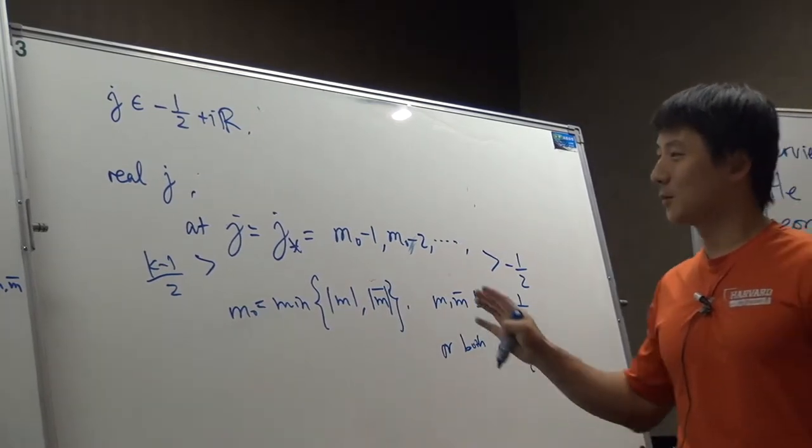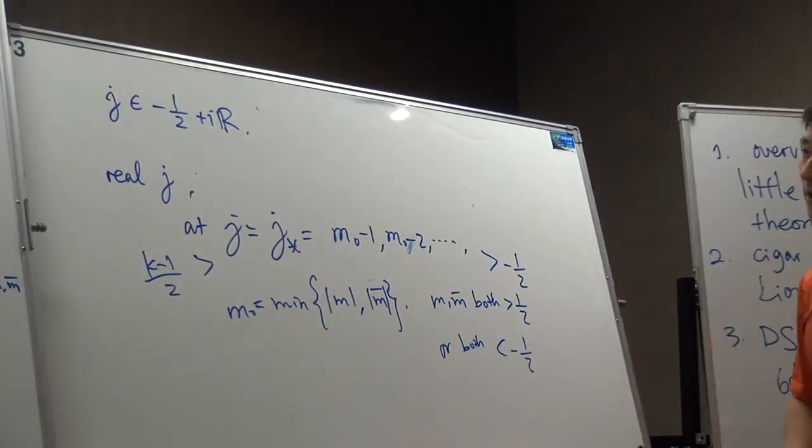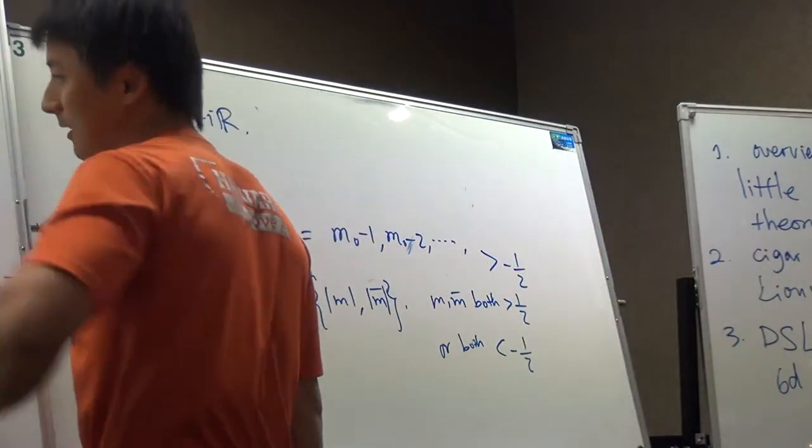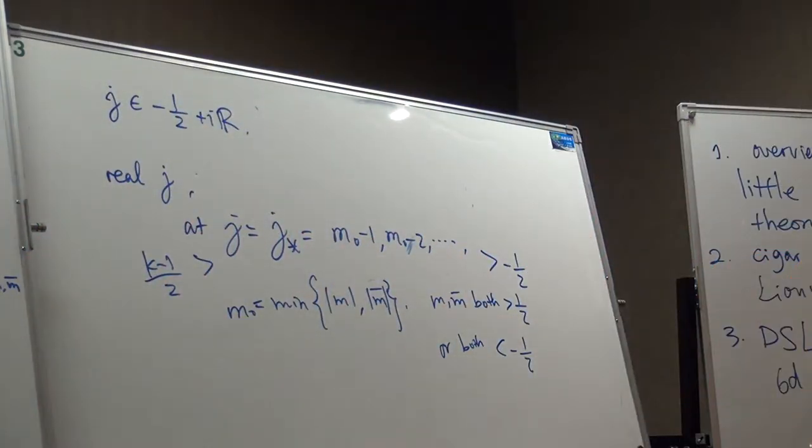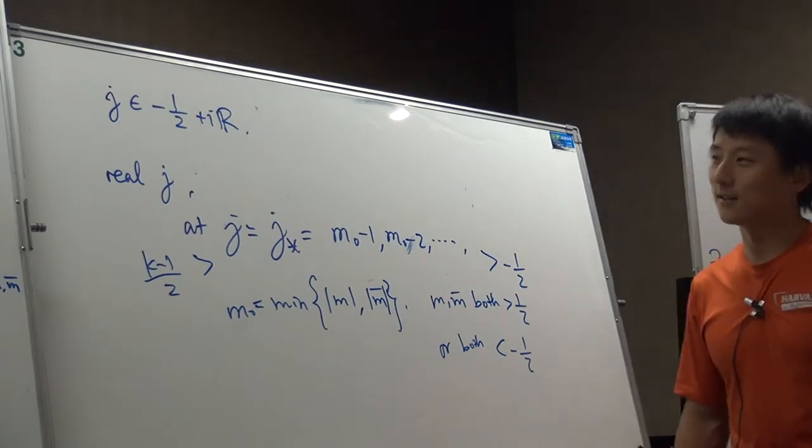These results were obtained by studying very carefully the reflection coefficients, which can be calculated exactly and expressed in terms of ratios of gamma functions, and you arrive at this spectrum.